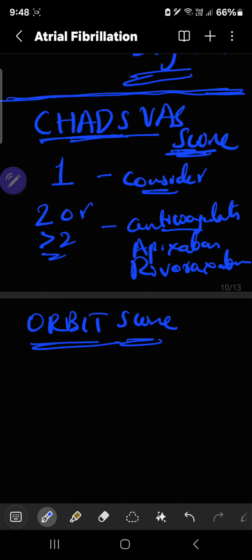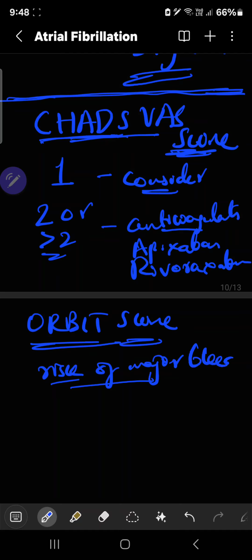Basically this ORBIT score tells us the risk of major bleeding in patients with AF. You have to assess the risk of major bleeding in these patients as you are giving the anticoagulants.